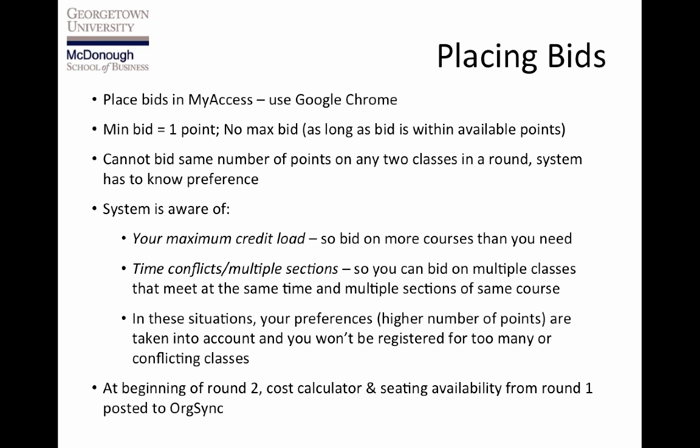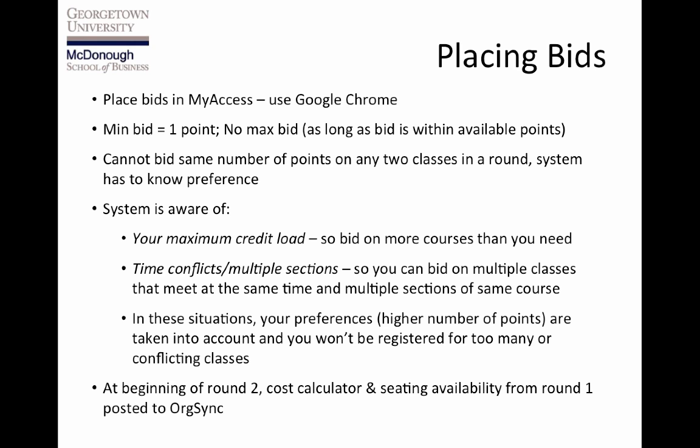Secondly, for classes that only have a few seats available after the previous round, you're more likely to be charged all of the points that you bid in round 2, since there are fewer seats available. And third, the chart also indicates clearing prices from round 1, just for your reference. So that's a good place to look for information when bidding in a second round, just to see what happened in the first round and how many seats are left.